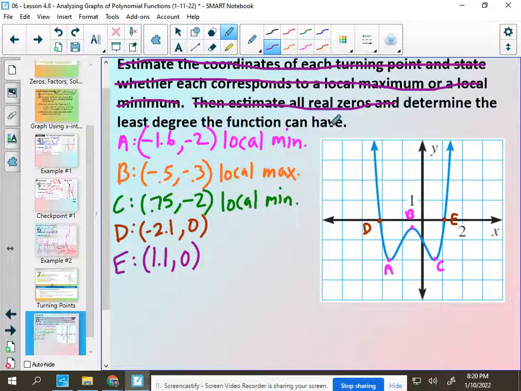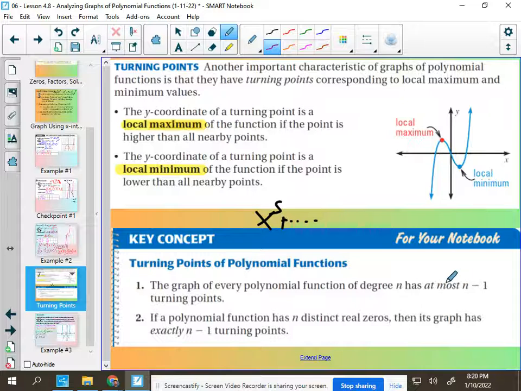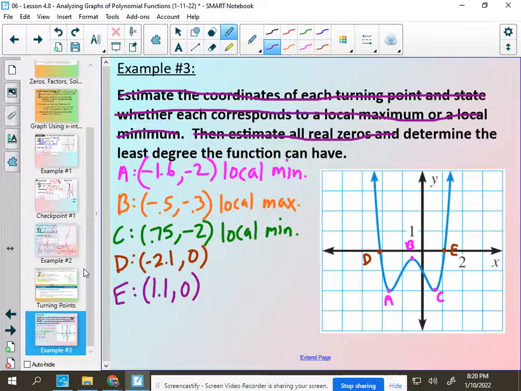And here's that last part. Determine the least degree this function can have. So that's like reversing this basically. At most, it can be this degree if I know the degree of it. Like if I know the degree of the polynomial, it has at most this many turning points. So this is now the flip. If I can see that this graph has 1, 2, 3 turning points, I actually have to add 1, right?